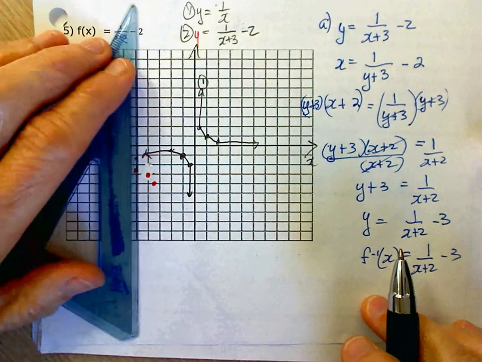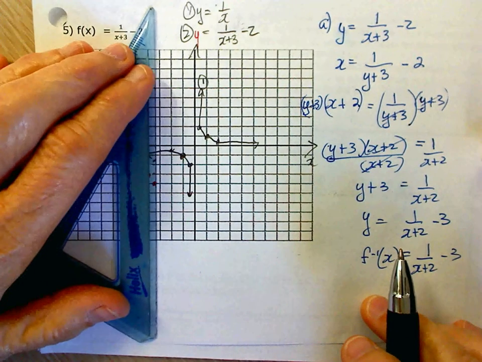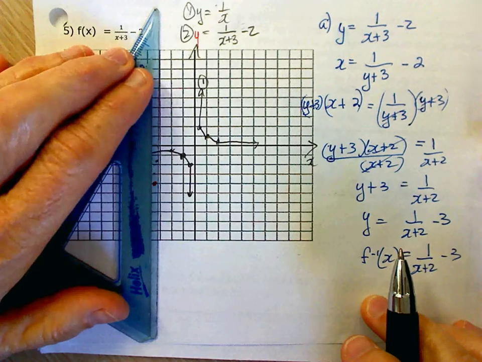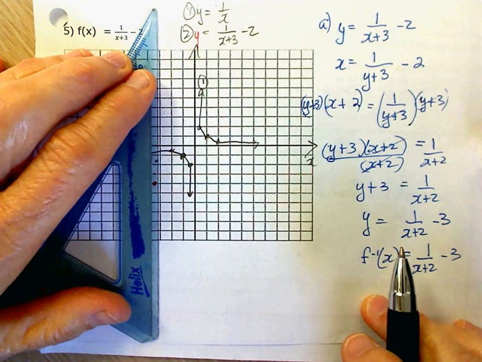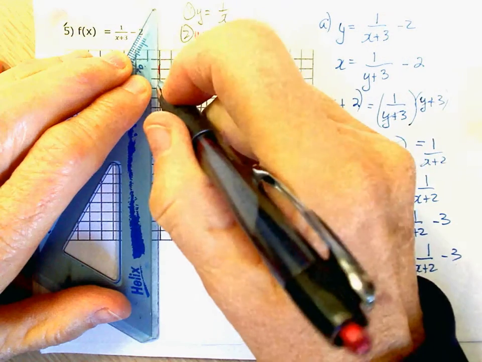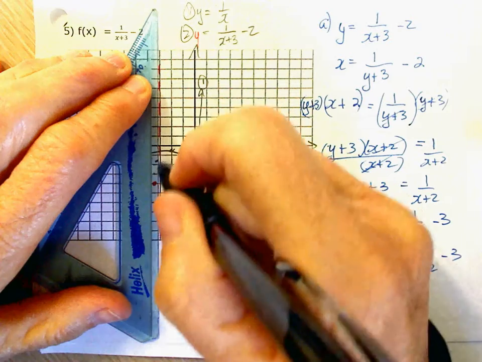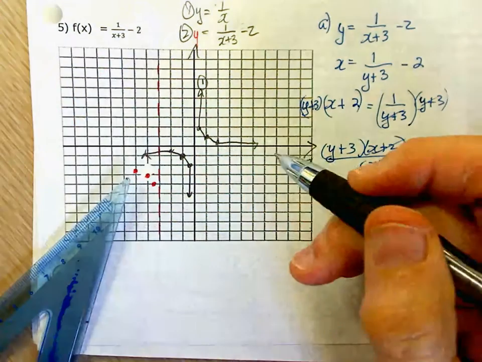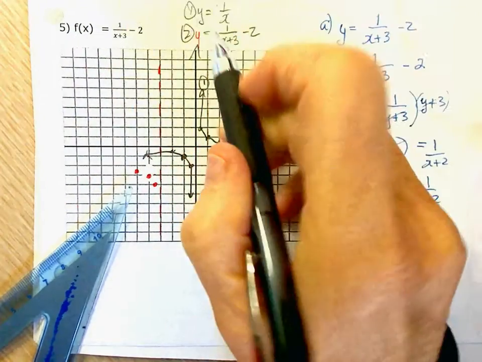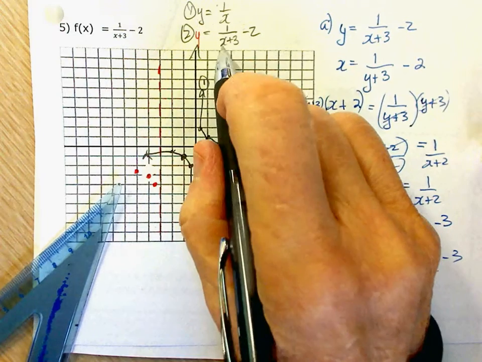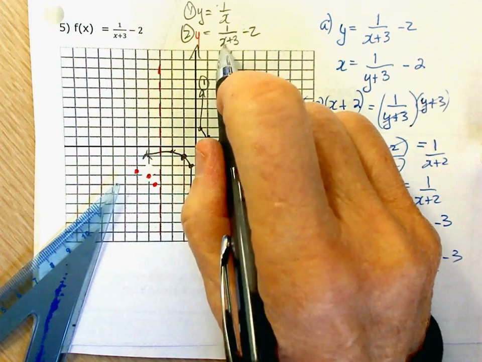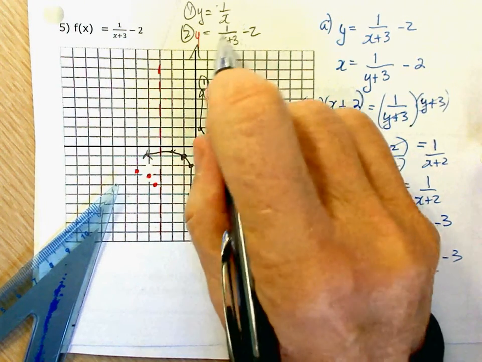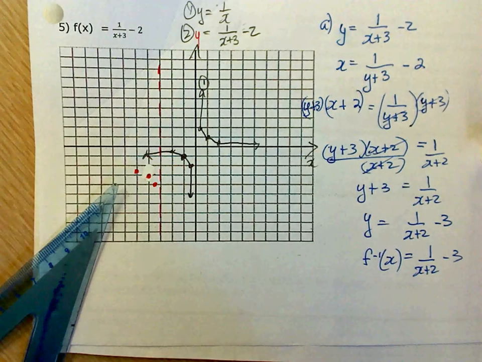X equals negative 3 is an asymptote, right? Because x cannot be negative 3: if x is negative 3, your denominator is 0. So you're going to have an asymptote there.